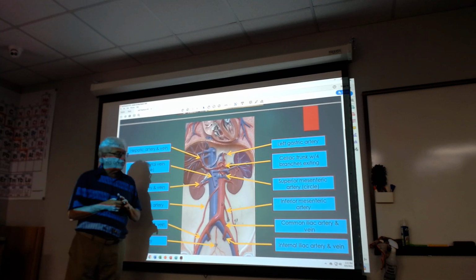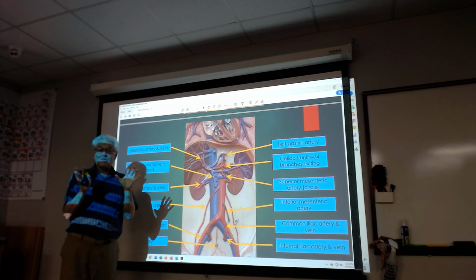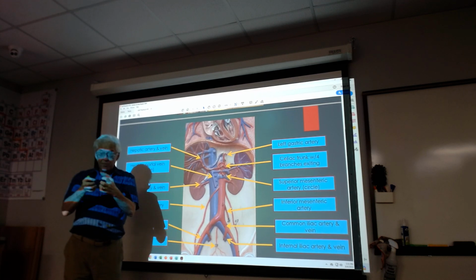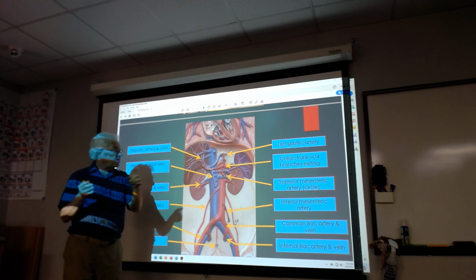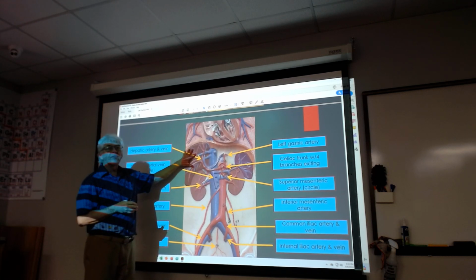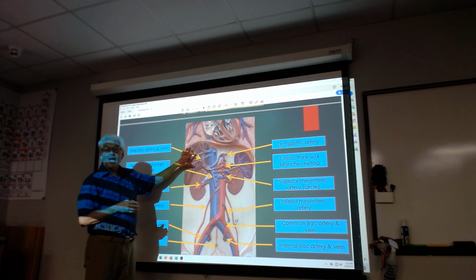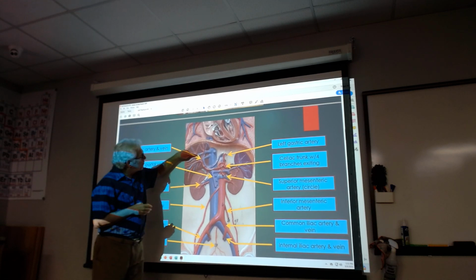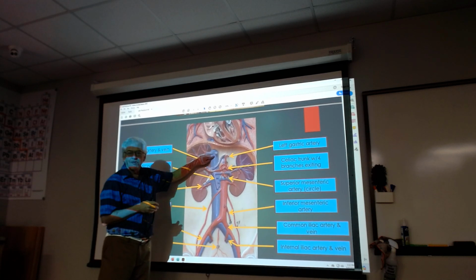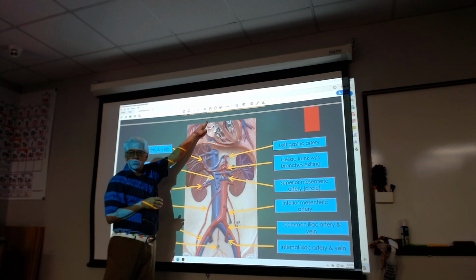The hepatic portal system is a venous system that takes blood from your intestines and your stomach and everything else, and then sends it straight to the liver, because the liver needs to what? Detoxify anything you've eaten. Then your liver puts that blood into the inferior vena cava to go to the heart.